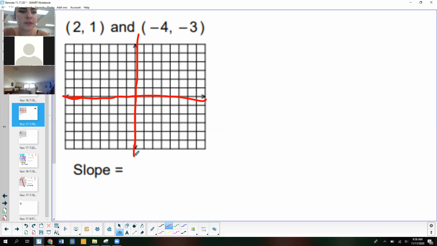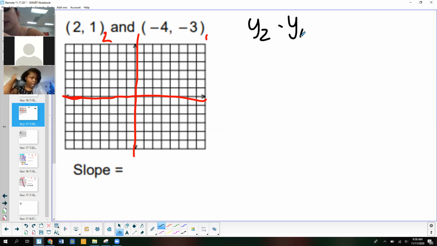All right, so we want to find the slope of a line that passes through these 2 points. I'm just going to call this point 2 and this point 1. Again, we're using the formula y2 minus y1 divided by x2 minus x1.